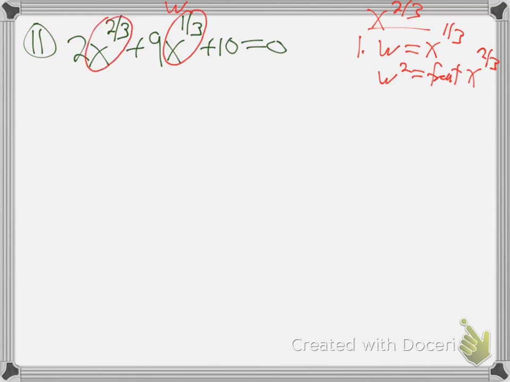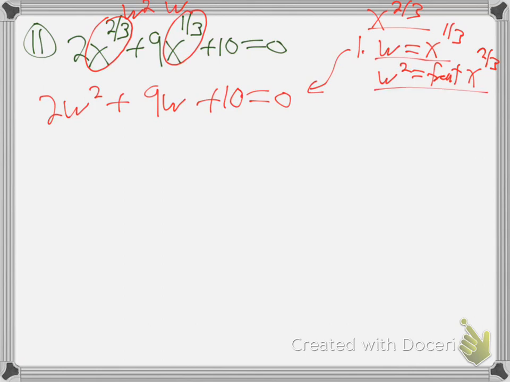So if the middle x to the 1/3 is w, then x to the 2/3 being twice as big has got to be w squared. So this will become 2w squared plus 9w plus 10 equals 0. So that's step 1. You let w be the middle and w squared's in the front. What we always do for these weird powers like 2/3 or big powers like 4th power, because we can't really deal with them until we change them to w.